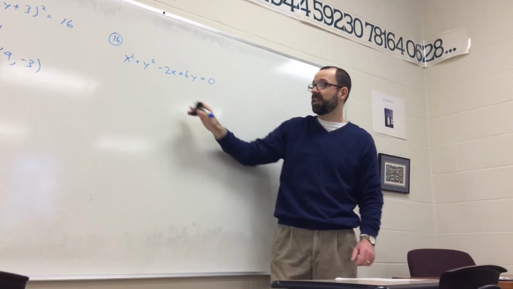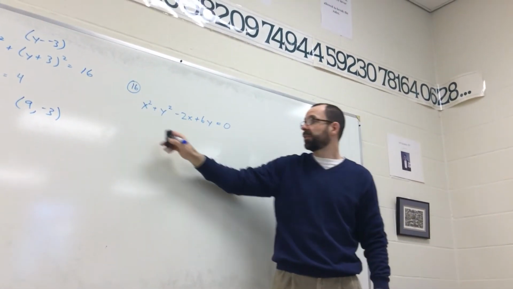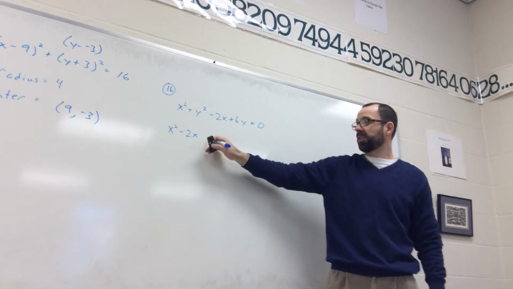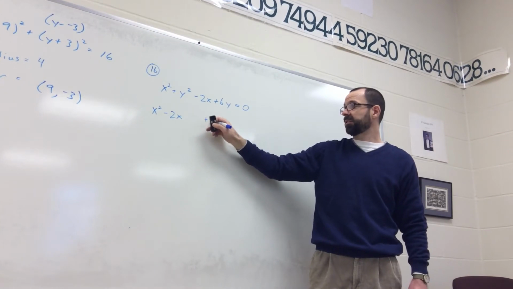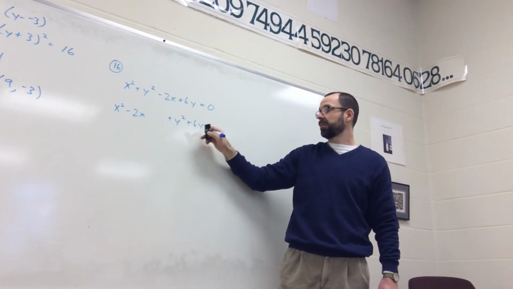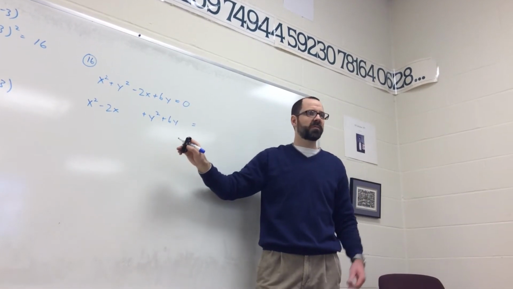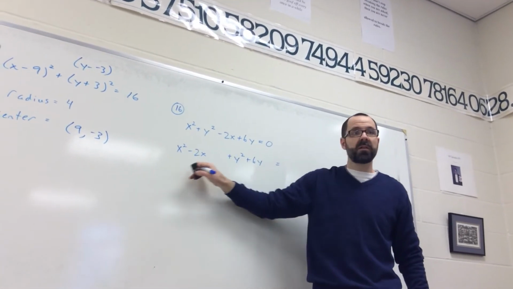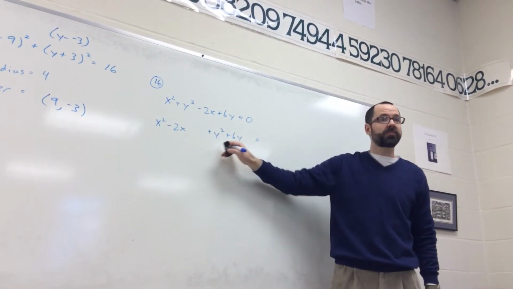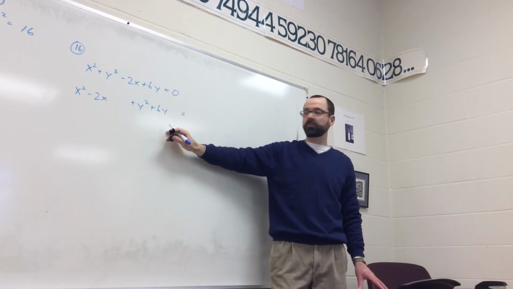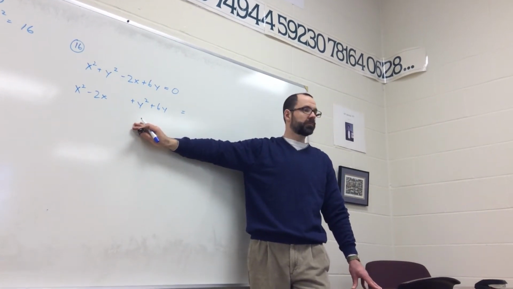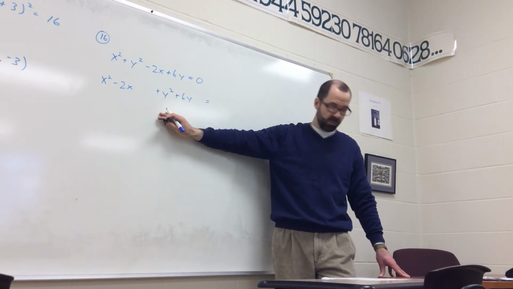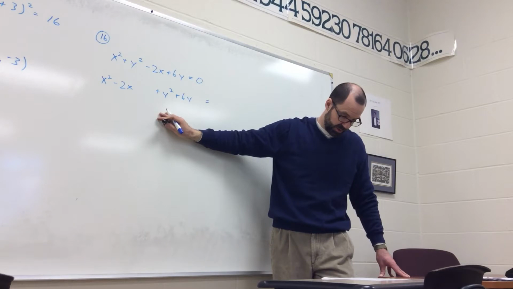Okay, so the first step is I'd like to group these x's together, and I'm going to leave a space, and then I'd also like to group the y's together. It just makes sense to me to put these x's with these x's, and these y's with those y's. Oops, I missed something when I copied down this equation, I think.